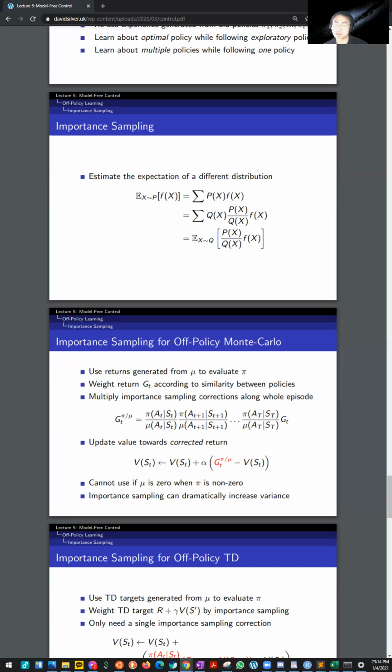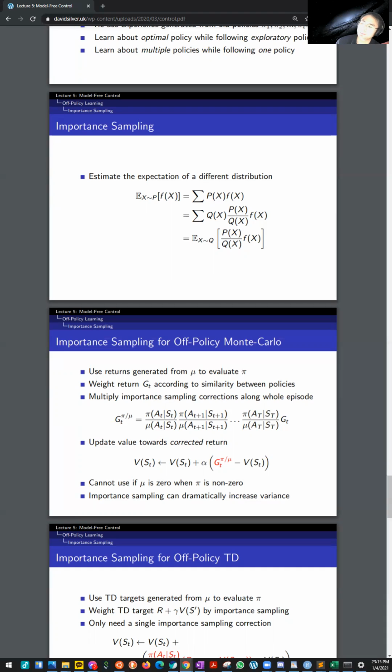The division between the probability distribution of interest and the proposed probability distribution is called the weight, also called the importance. That's why this is called importance sampling.